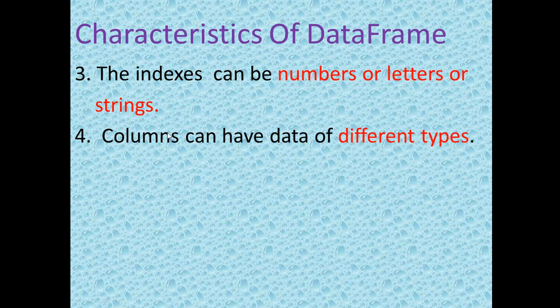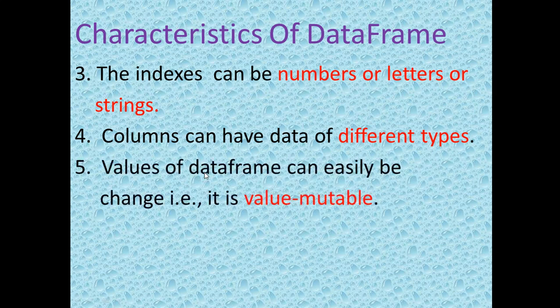Just now I told you the values which you will store in the columns will have different types. It can be string type, boolean type, or integer type. So the columns represent heterogeneous data. Next, values of the data frame can easily be changed. What value you store in the data frame can be changed later on.